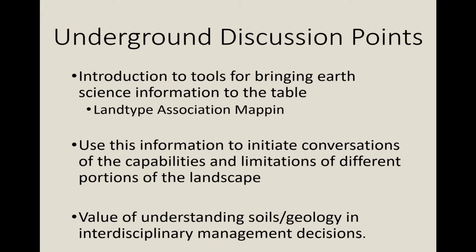They characterize the inherent capabilities and limitations of different landscapes and help managers make wise land use decisions that are based on this ecological knowledge. I'll provide a few examples from the regional to the landscape to the site-specific level for use in project development.